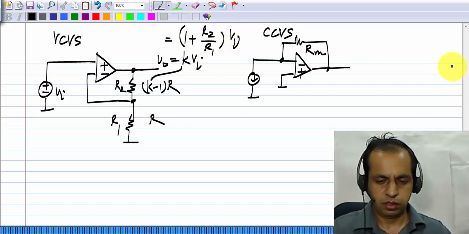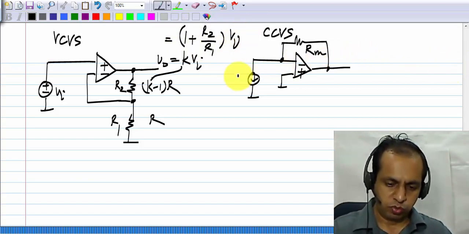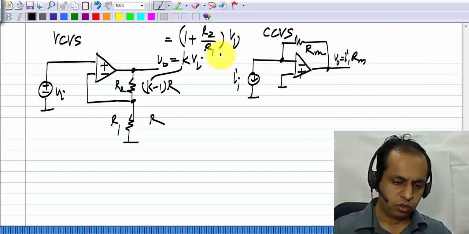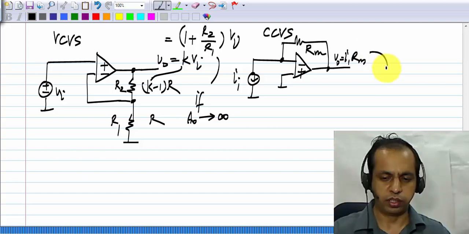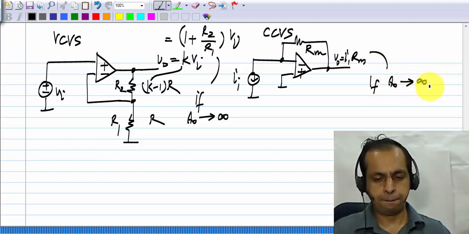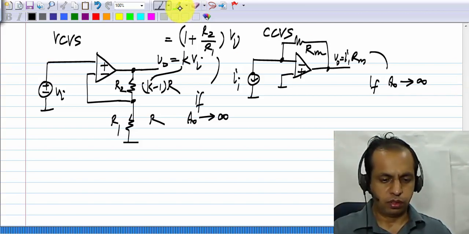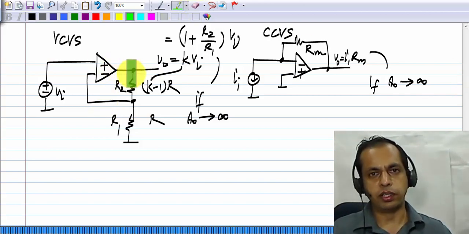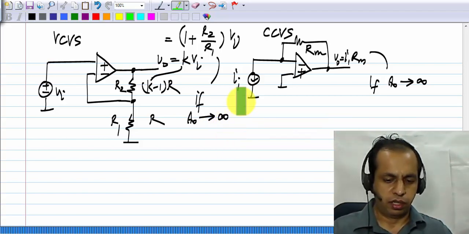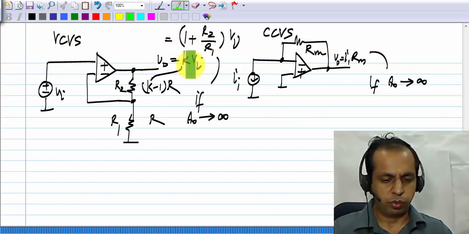Okay. And in this case, the output voltage will be Ii Rm. Now, these are true if the gain of the op amp goes to infinity. Okay. So, an op amp whose gain is infinity is known as an ideal op amp. Okay. And in case of an ideal op amp, the gain of this will be 1 plus R2 by R1.